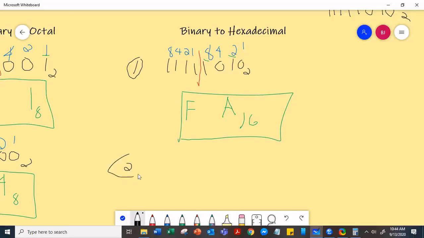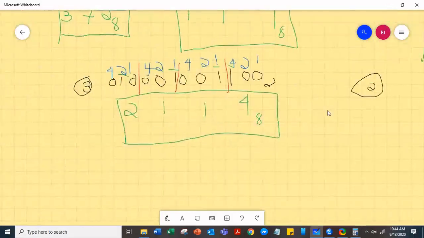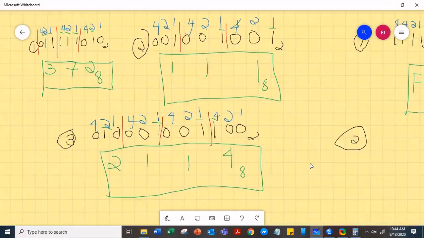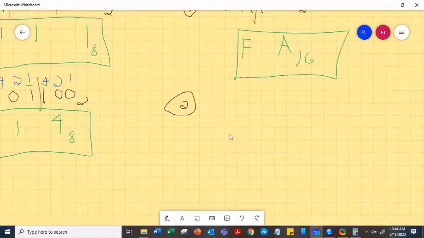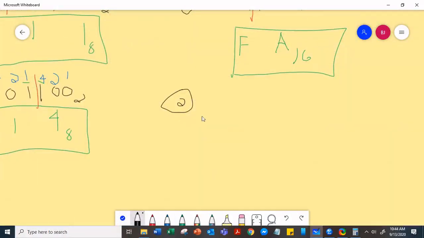Next, let's have another example here, which is 1, 0, 0, 1, 0, 0, 1. Group them by 4: 1, 2, 3, 4 slash 1, 2, 3. It lacks 1 bit, so we put in a 0 as a filler.